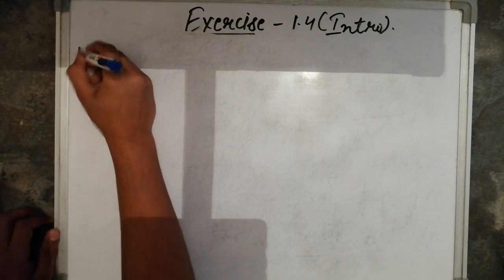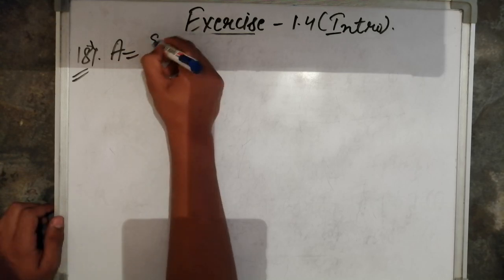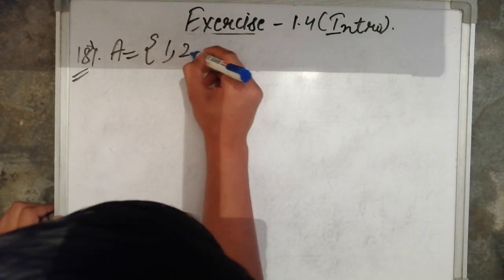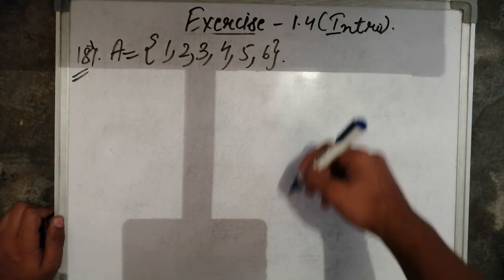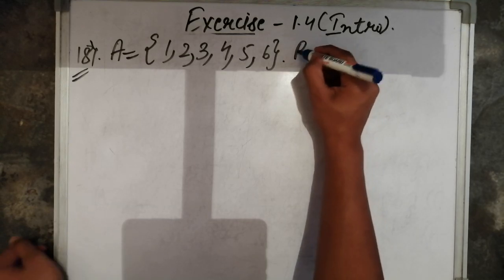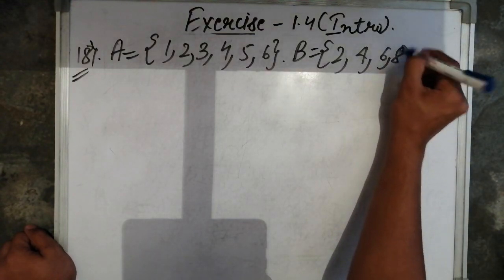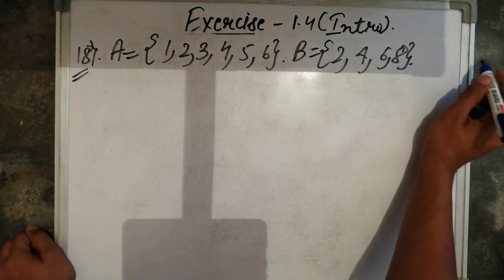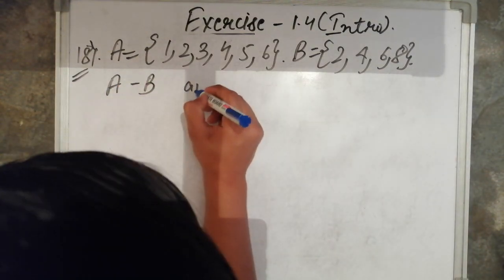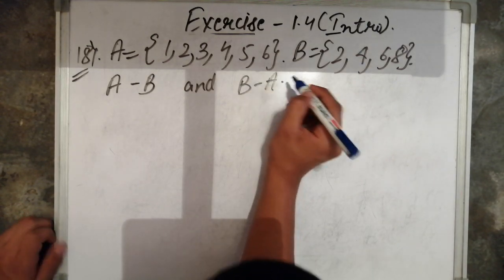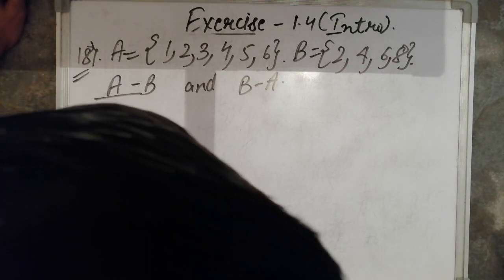Students, let's have a look at example 18, which is: let A is equal to 1 2 3 4 5 6 and B set is 2 4 6 8. Find out A minus B and B minus A. Okay, let's take its solution.